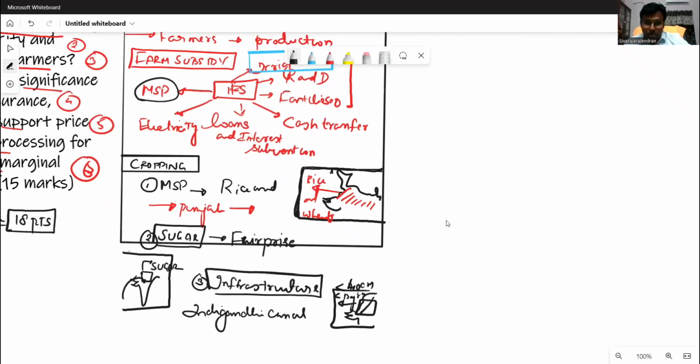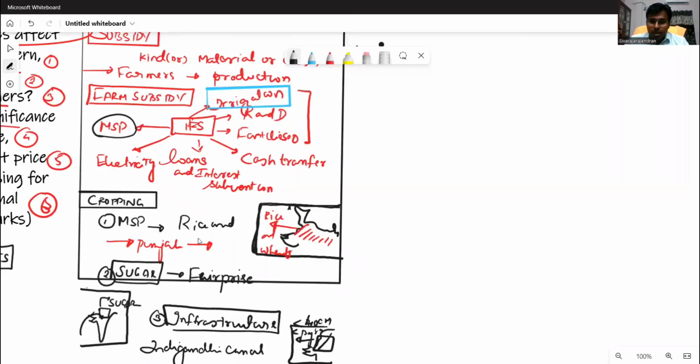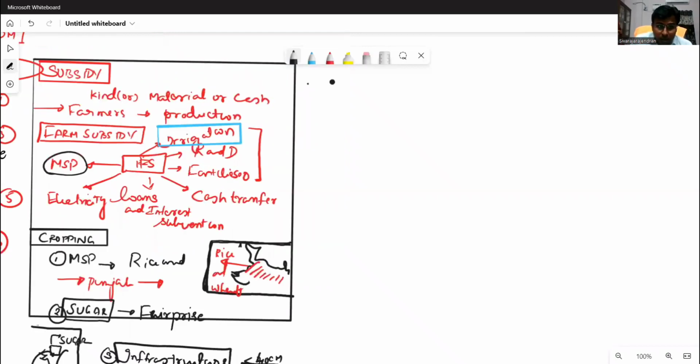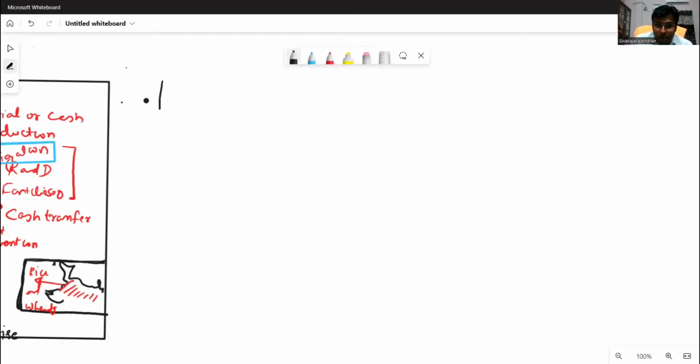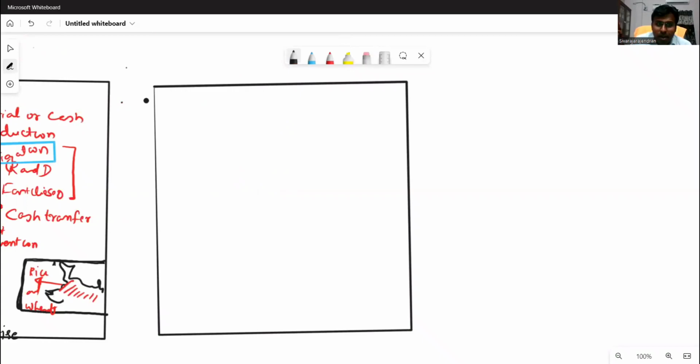So three points, three small diagrams. Not every question can be used for diagrams, but a geography based or map based question can, and it will add value to the answer.